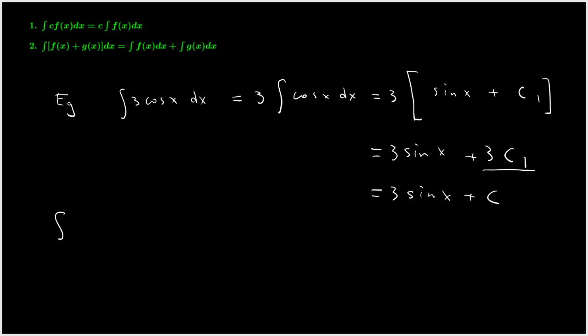Again, I'm going to use a particular question to illustrate the meaning. Let's compute the indefinite integral of e to the power of x plus cos of x, dx. Do not forget dx is part of the integration notation.